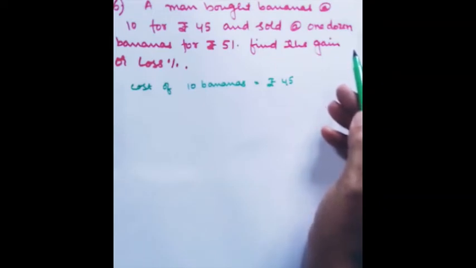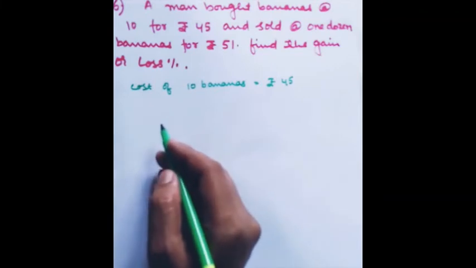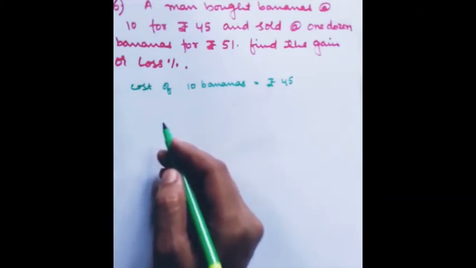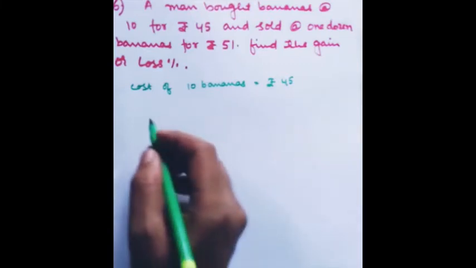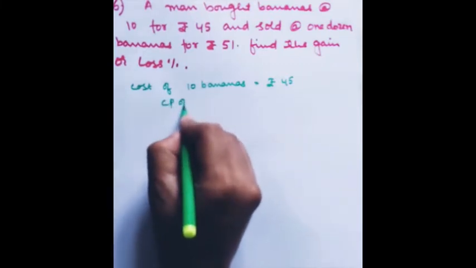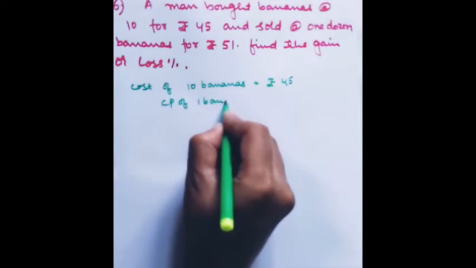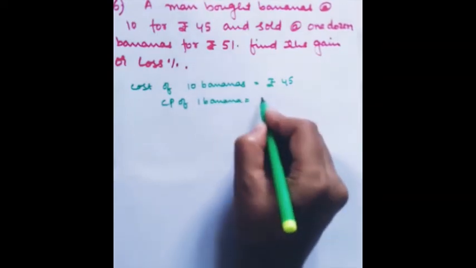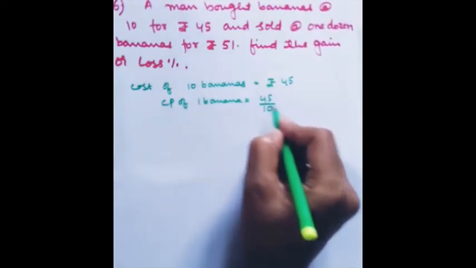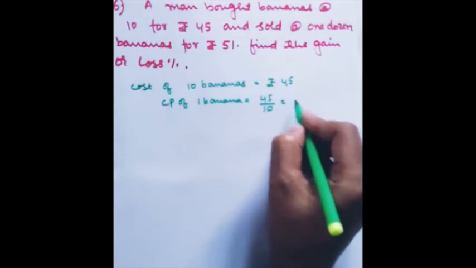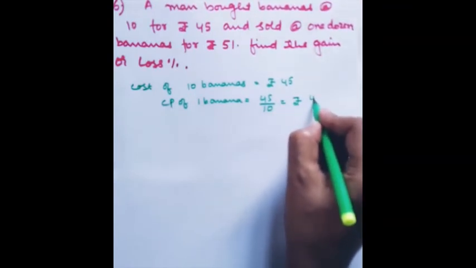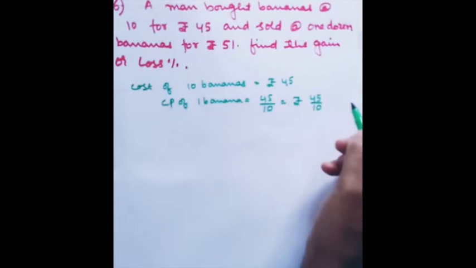That will be more perfect, because we cannot take out profit and loss on different numbers of items. Now see, CP of 10 bananas is rupees 45. So CP of one banana will be equal to how much? 45 by 10. Let us keep it as 45 by 10 for now.